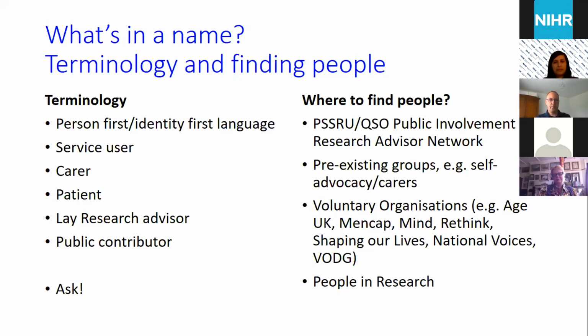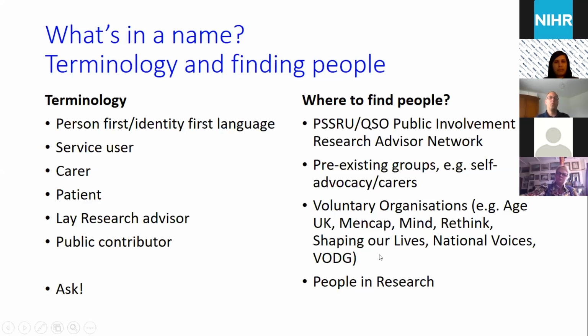We also wanted to suggest a few places where social care research could find people to be involved and advise on their projects. So we have our own public involvement research advisor network at PSSRU and CUSO, for which we can broker involvement if that's of interest. Of course, approaching pre-existing groups in local authorities and local areas, such as self-advocacy and carer groups who may already have consultation committees set up, who could give direct feedback or be a good ally and source of advice.